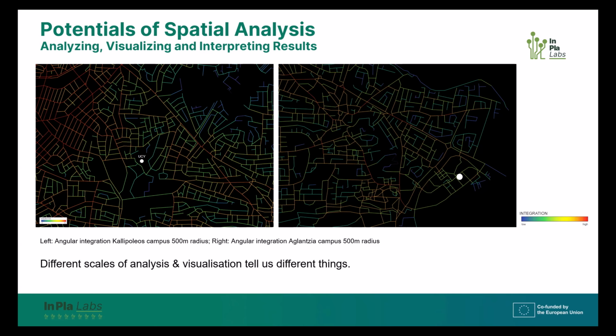I think it has more to do with poor pedestrian access and planning across the city. And as Stavros also mentioned, especially in the Aglanja campus, it's almost taken for granted that a large amount of people arrive by car.